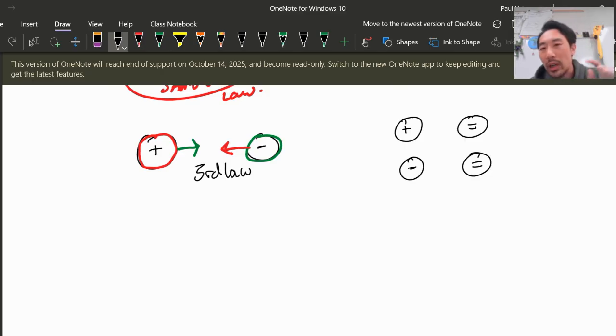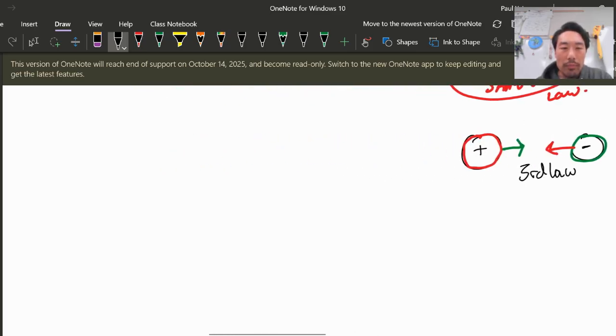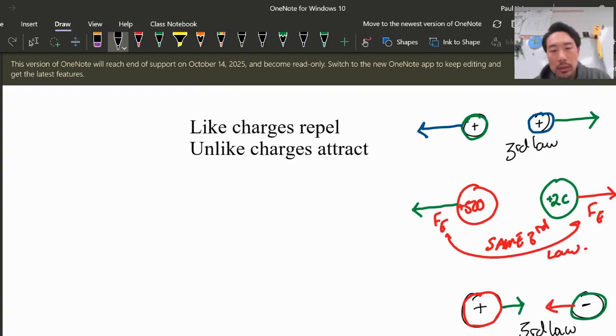The reason why comes up next in our unit, so I won't go into any detail here, but this positive object will be attracted to the neutral object, and this neutral object will be attracted to the positive, and vice versa. So the rule of thumb is like charges repel, unlike charges attract.